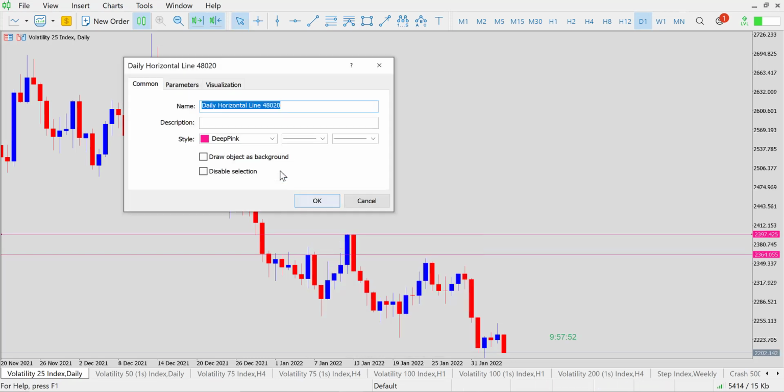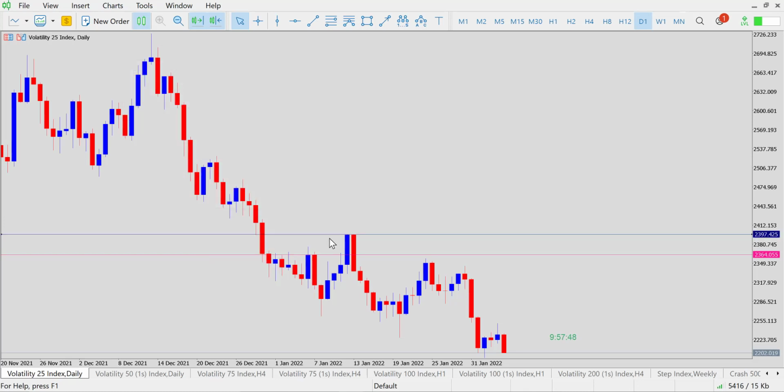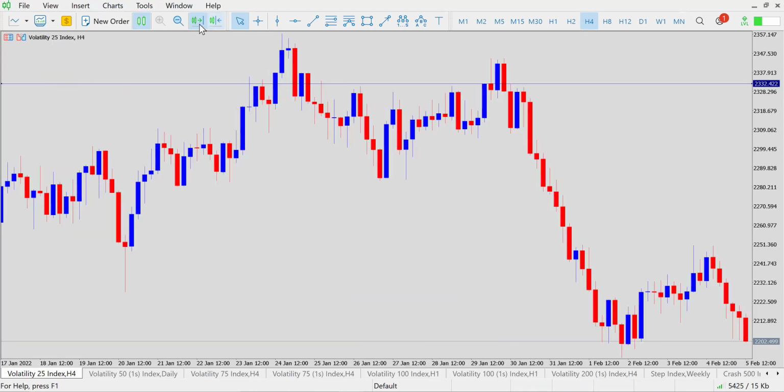So this is the highest point. Let's put it as blue. Then this is going to be the lowest point of this order block. Then the red point is the midpoint, which is the mean threshold of the order block. This is the lowest point. This is the highest point. So what I'm going to do is go to H4 on that particular area.